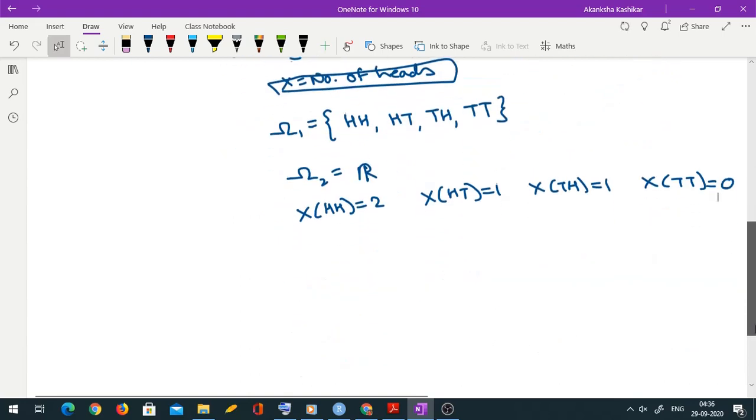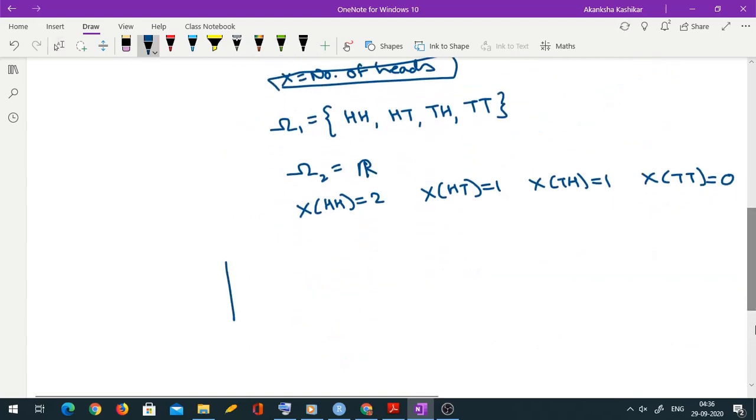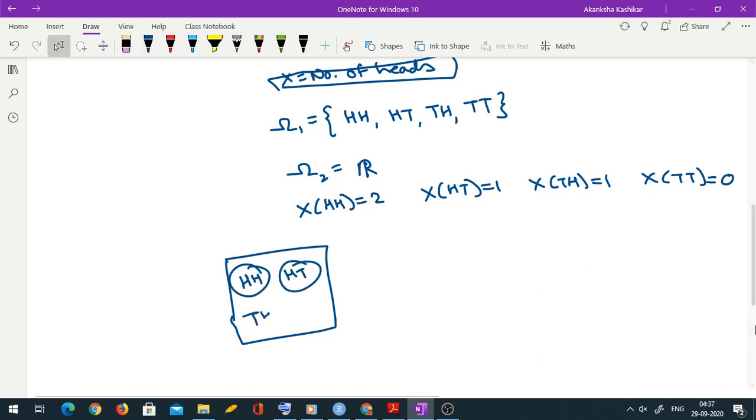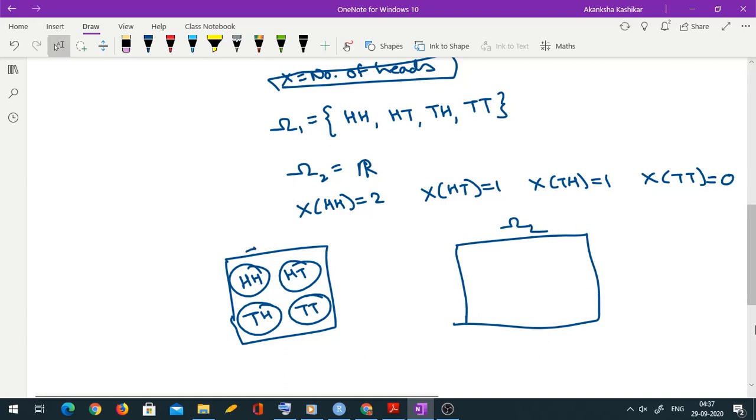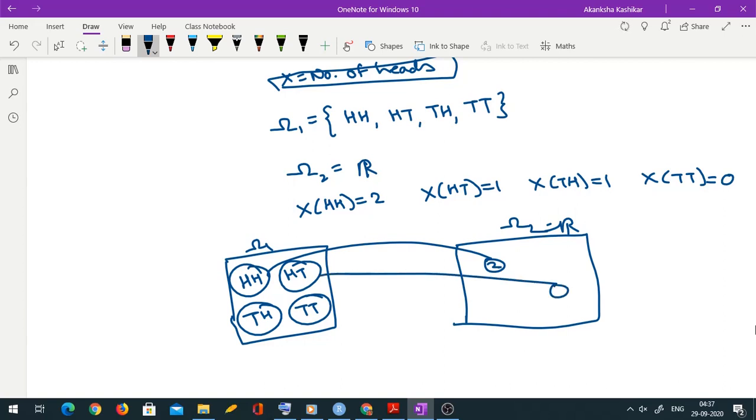So my omega 1 consists of only 4 points, HH, HT, TH and TT, whereas my omega 2 consists of the entire R. There are too many real numbers here. Out of them, we know that HH goes to 2, HT goes to 1, TH also goes to 1 and TT goes to 0.